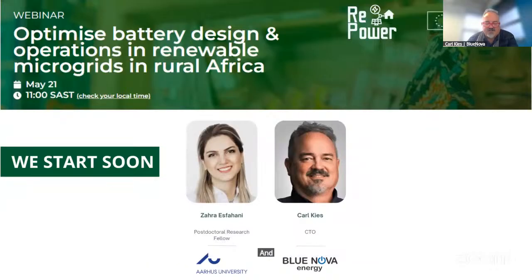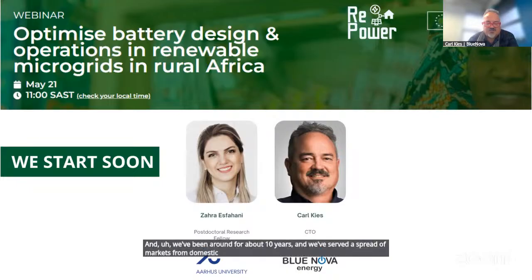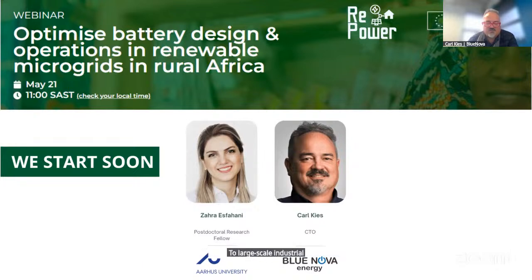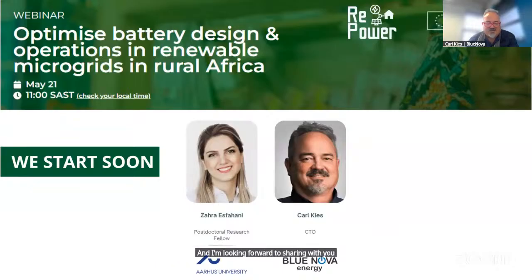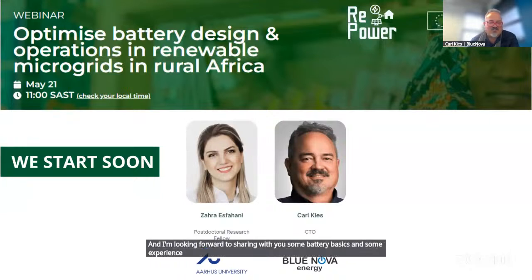We've been around for about 10 years, and we've served a spread of markets from domestic to small-scale commercial and industrial to large-scale industrial, with a recent shift more towards large-scale commercial industrial, and also mini grids and microgrids in the off-grid environment. We've done quite a few projects in Africa where we provide battery systems to off-grid environments, and based on that, we've got a fair amount of experience. I'm looking forward to sharing with you some battery basics and some experience we've gathered in the field.